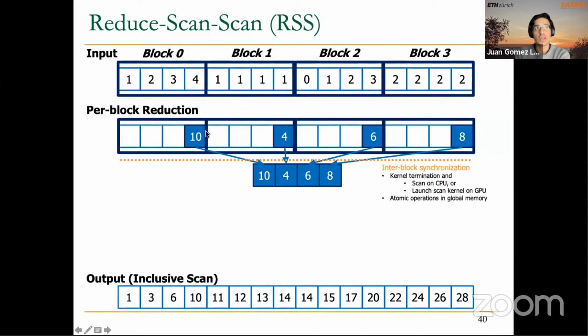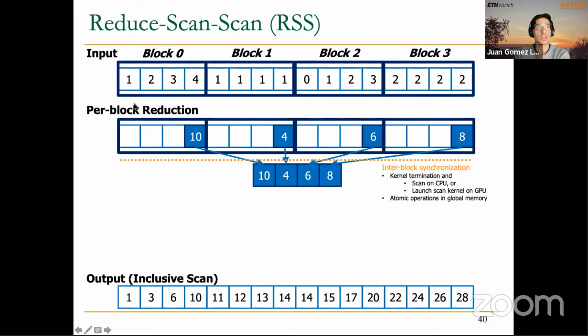We only need the last element of that per block scan, the reduction result for the chunk assigned to each thread block. So this 10 is the reduction of 4 plus 3 plus 2 plus 1. This 4 is the reduction result of these 4 ones here, right?